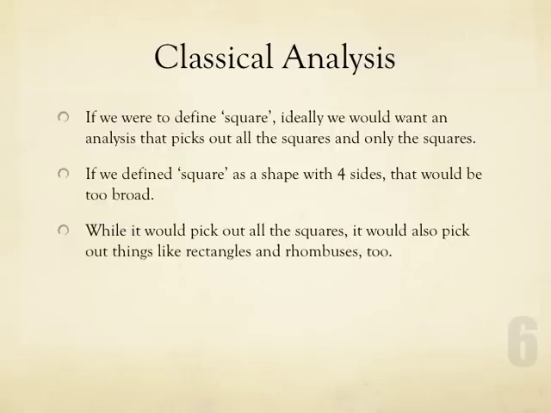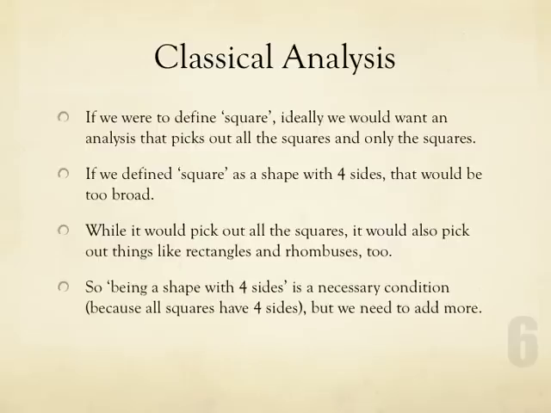So there are some rectangles and rhombuses that are a shape with 4 sides, but they are not squares. Right? So if you have a rectangle that's really kind of long, has a long length and a smaller width, then that wouldn't be a square. But it certainly is a shape with 4 sides.